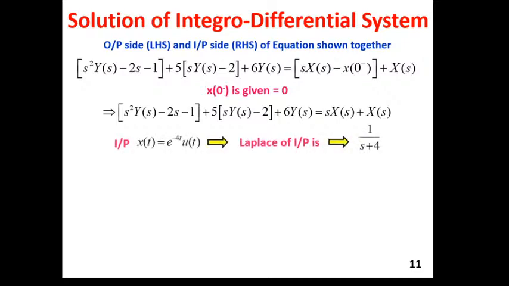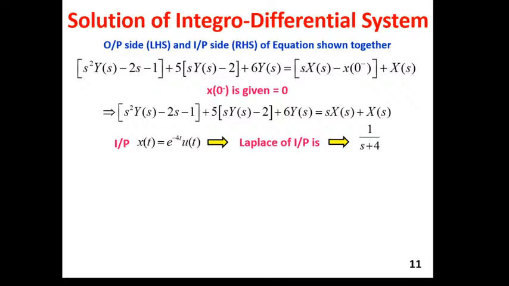Now x(t) is given as e raised to minus 4t u(t), that is the input condition. We have to substitute X(s) in the actual Laplace equation. On the left side there is nothing more to be done, we will group the Y(s) terms together, and 2s minus 1 and minus 2 together.